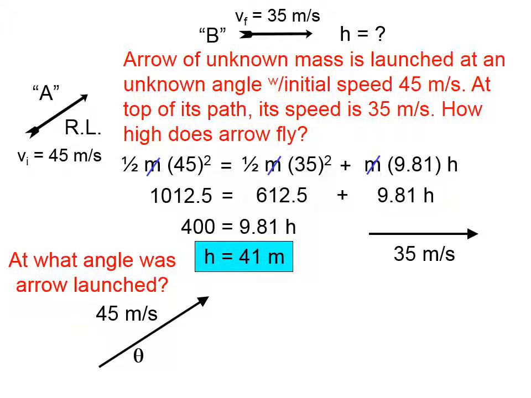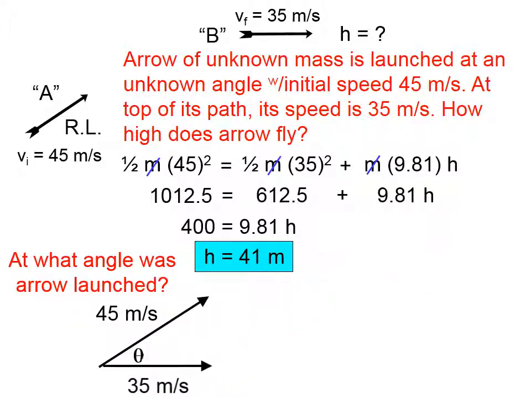Well, let's redraw this situation. It has a launch speed of 45 meters per second at some angle above horizontal, and at the top we're told that it's traveling at 35 meters per second. Recall that at the top, the only velocity is the x velocity, the horizontal velocity.